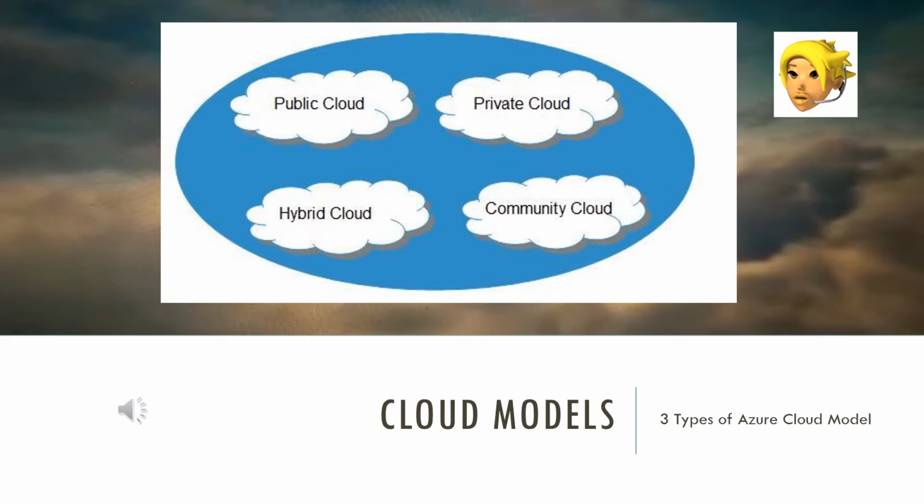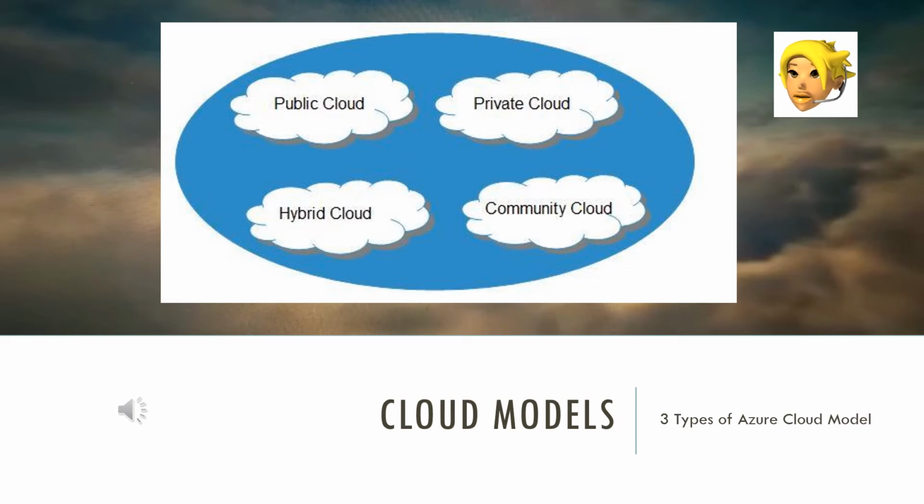It is owned, managed and operated by one or more organizations in the community and a third party, or you can say a combination of them, and then they will share information. So it's a bigger cloud, in which multiple organizations share information between each other. There are a few examples: Javatpoint, Salesforce Community Cloud, but there are also some disadvantages as well.